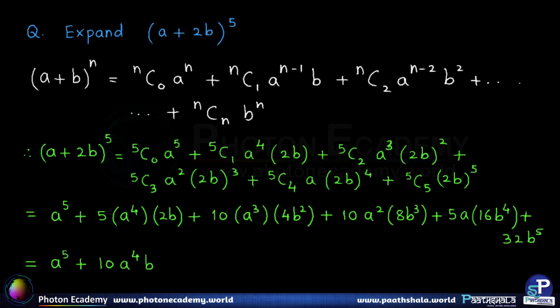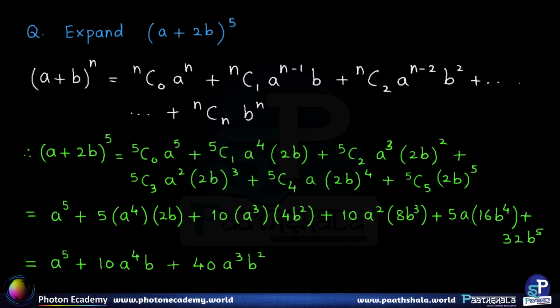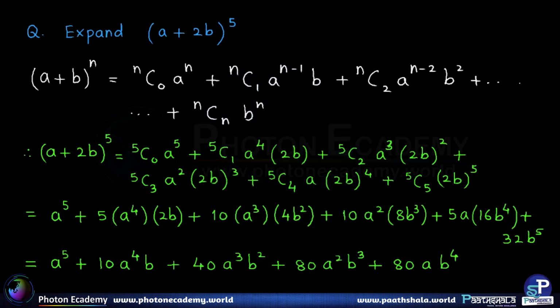See, as a convention we typically write all the a terms first and then the b terms within a single term, plus we have 40 a cube b square, plus we have 80 a square b cube, then once again 80 a b raised to 4, and lastly 32 b raised to 5. So that's the final answer.